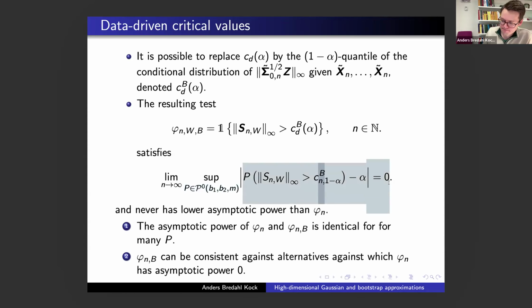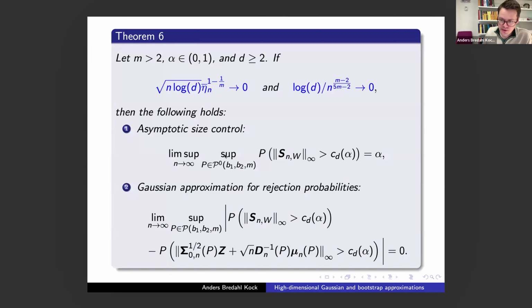So this result here is of course stronger than this result here, which only guarantees that for some distributions the rejection frequency will be alpha. But as I alluded to, there could also be distributions satisfying the null for which the limit superior is much less than alpha.